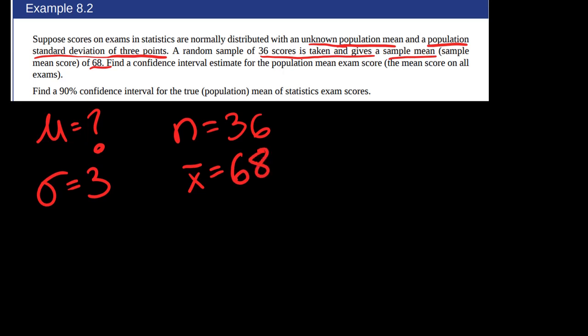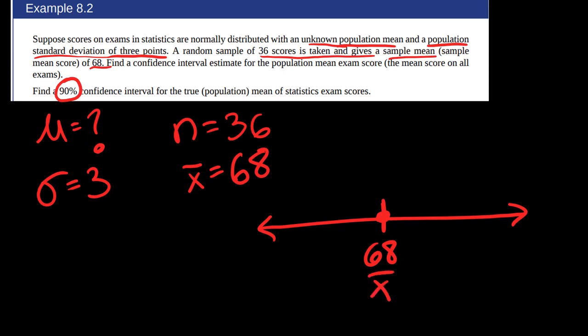We want to construct a confidence interval for the population mean, and we want to find the 90% confidence interval for the true population mean of statistics exam scores. Before I calculate the confidence interval, I want to pause and talk about what it is I'm calculating. If we have a number line here, the sample mean is here at 68.